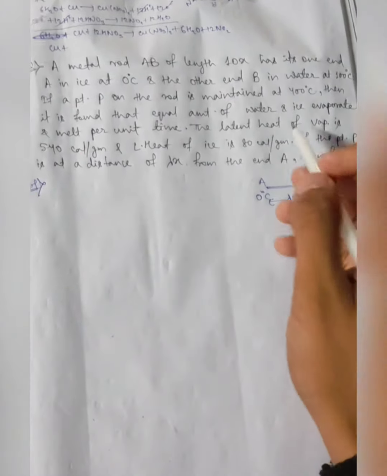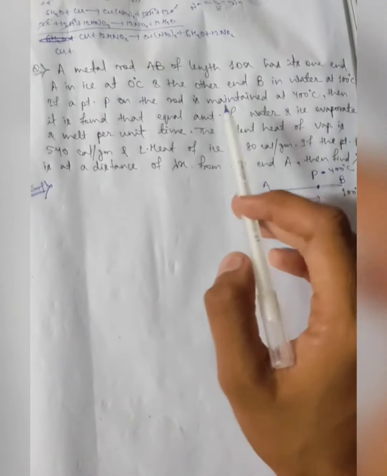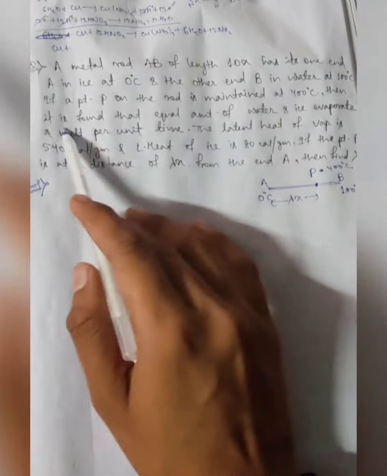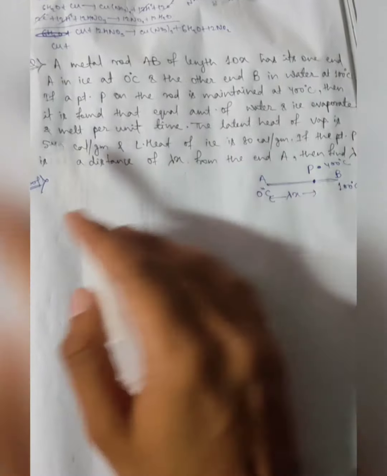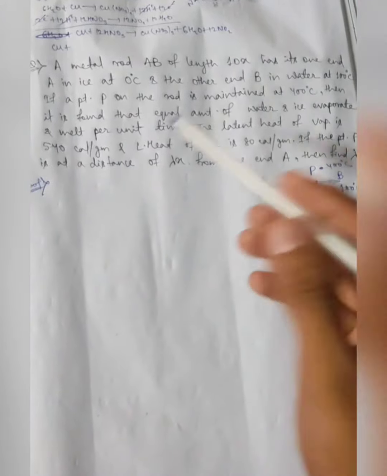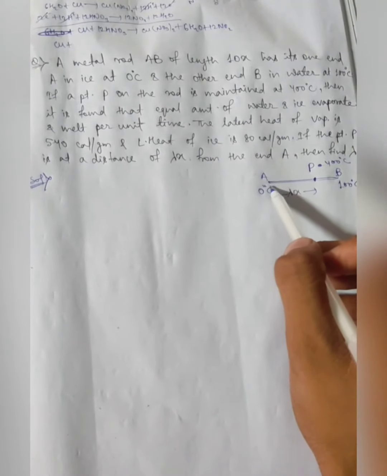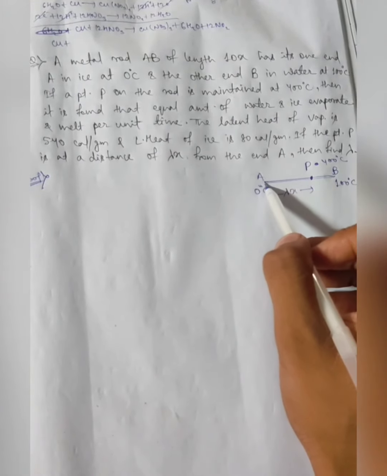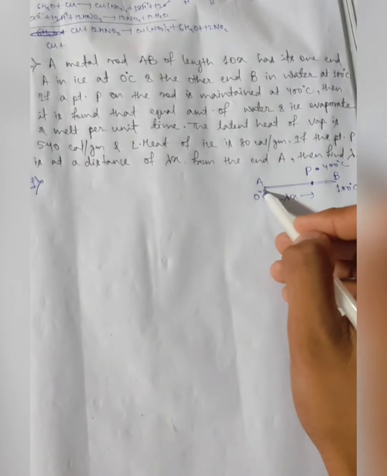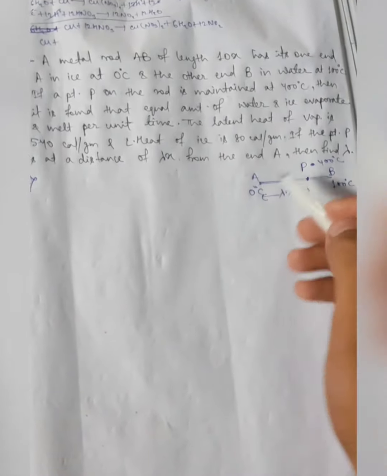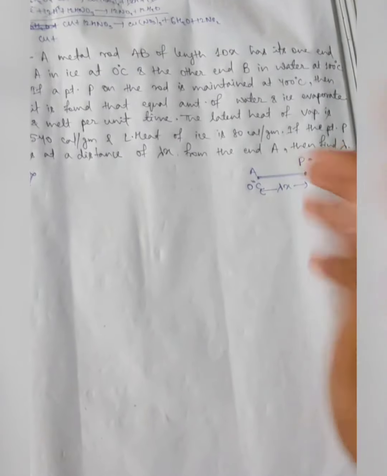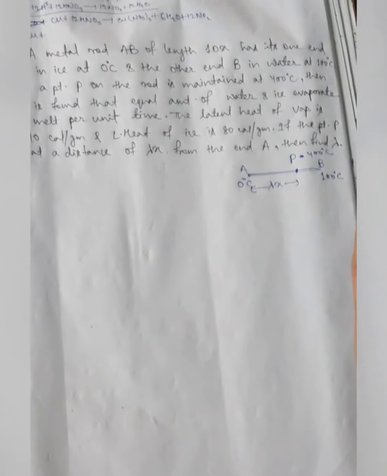Now, as said in the question, the equal amount of water and ice evaporate. So the temperature of the end A is maintained at 0 degrees centigrade. So the heat given to the ice at the end A is utilized in converting the ice into liquid.